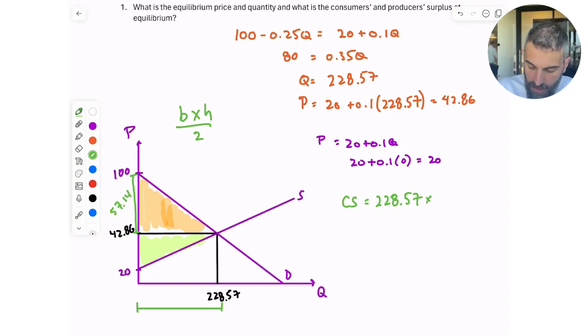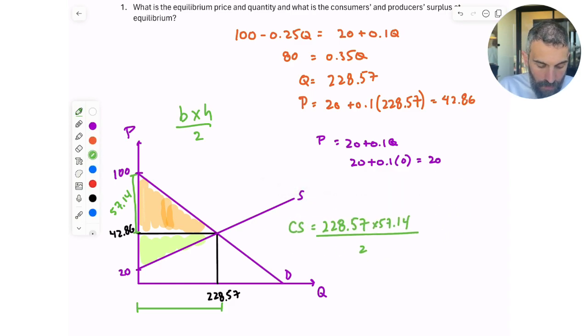So that's my height divided by 2. So 228.57 times 57.14 divided by 2 is 6530.24. That is your total consumer surplus at equilibrium. So at this price and quantity, consumers are benefiting $6,530.